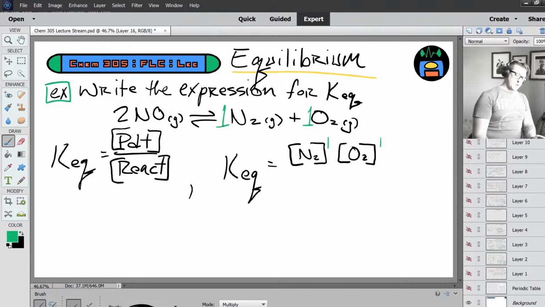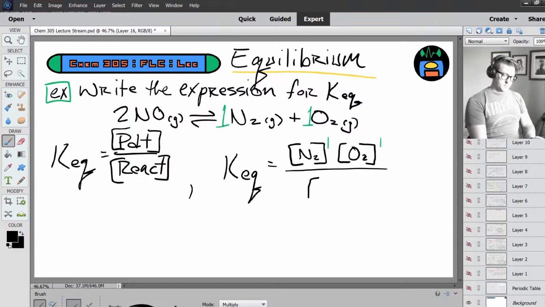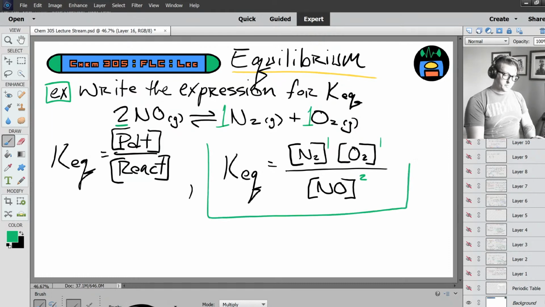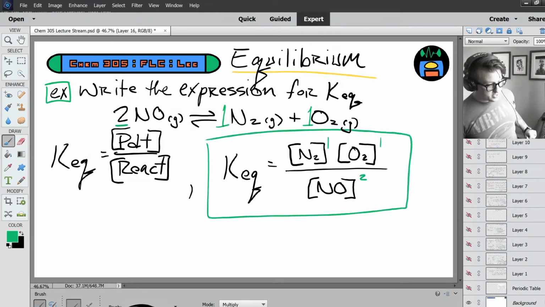It has a stoichiometric coefficient of 1, so it's the molarity of O2 raised to the power of 1 over reactants. In this case, NO2 is the only reactant, but because it has a stoichiometric coefficient of 2, we square it. All right, so this is the expression for the equilibrium constant of this reaction.